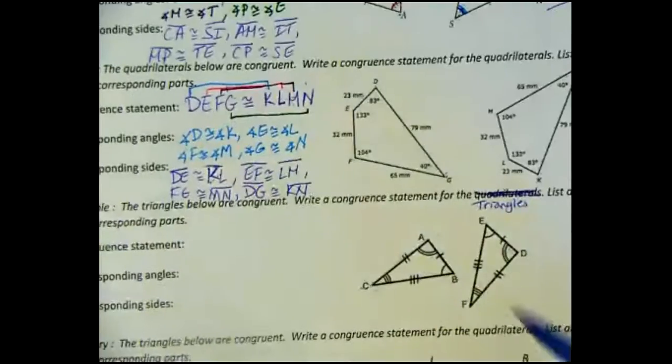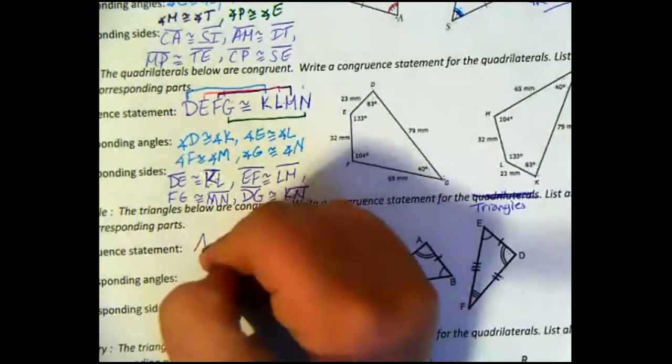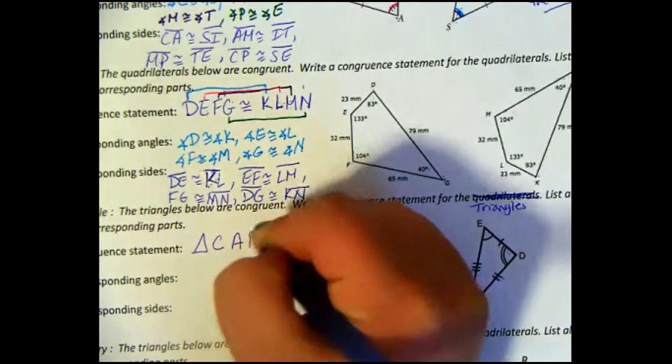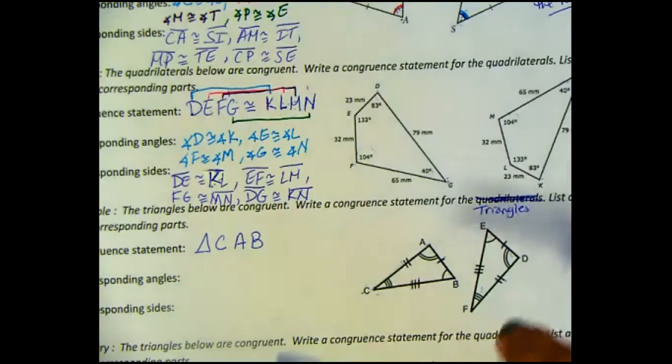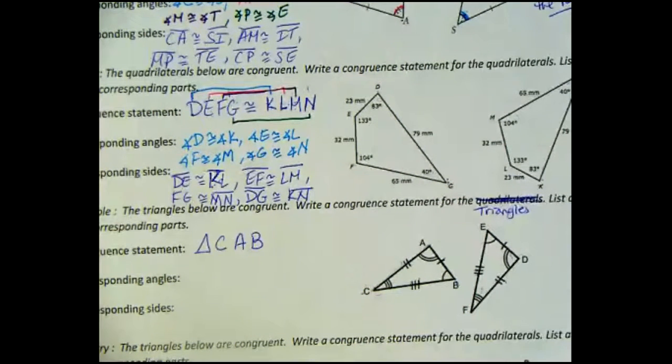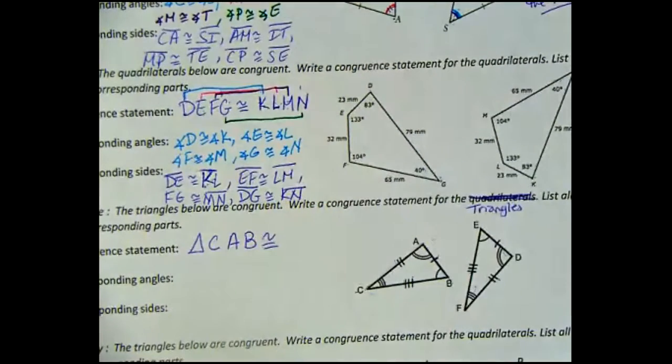C to the A to the B. So triangle CAB, that's how I'm naming that triangle right there. But once you choose the order of your first figure, the second one has to match the order. The second figure that you write it congruent to has to match the order.